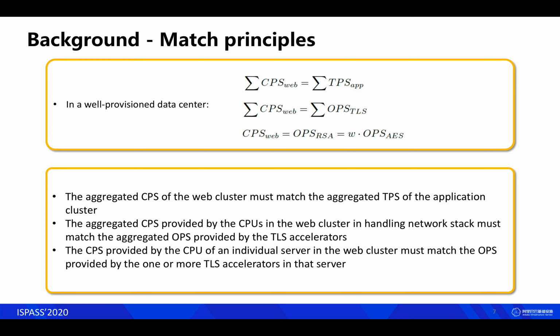The first level is the inter-cluster level, where the aggregated connections per second of the web cluster must match the aggregated transactions per second, or TPS, of the application cluster.